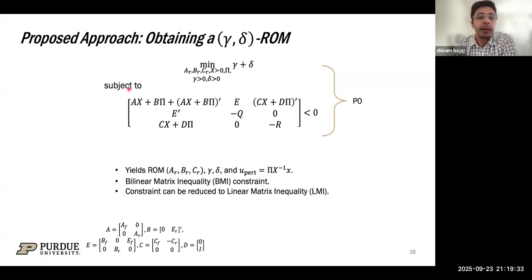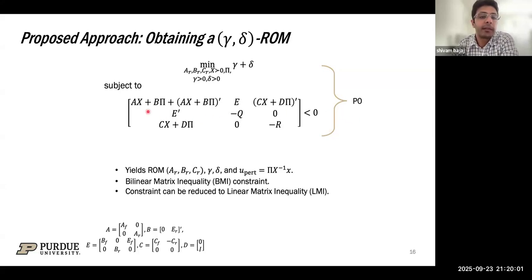If I can solve this optimization problem, then we can obtain a gamma-delta reduced order model. One thing here is that this inequality is a bilinear matrix inequality. And after a couple of slides, I will talk about how we can reduce this into a linear matrix inequality. For this talk, I will denote this optimization problem as P0.